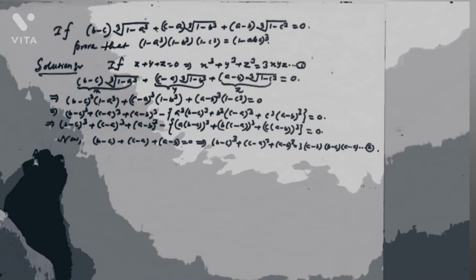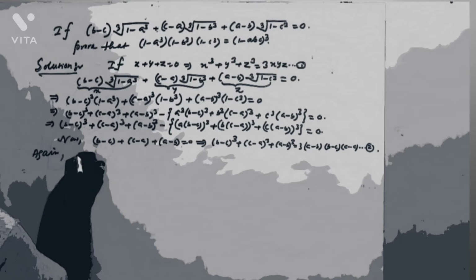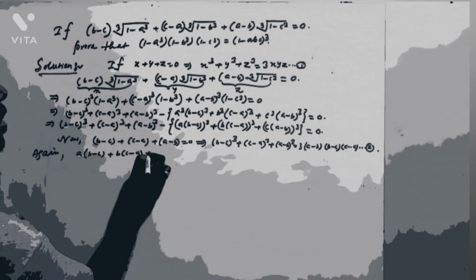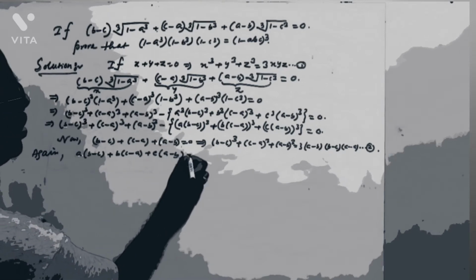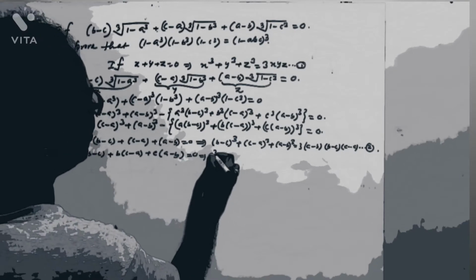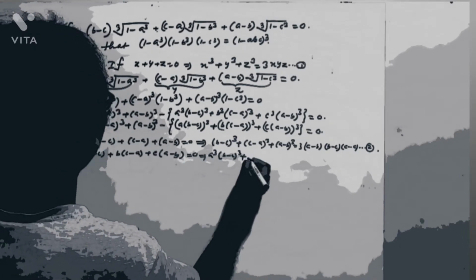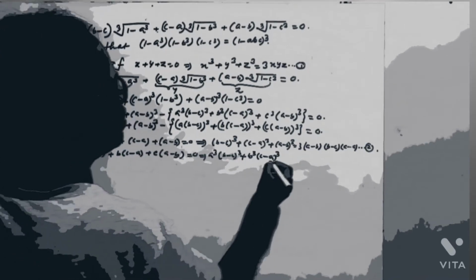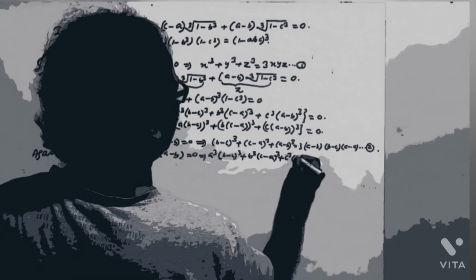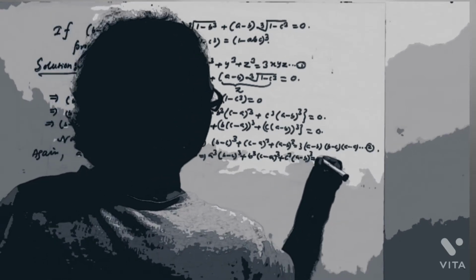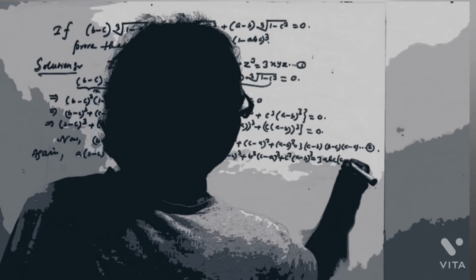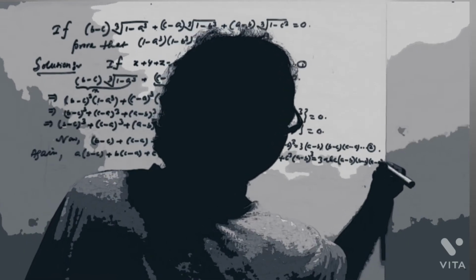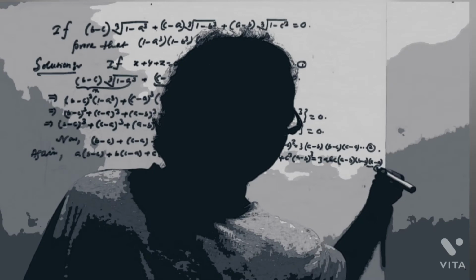Again, a into (b minus c), b into (c minus a) and c into (a minus b) equals 0. Implies that a cube (b minus c) whole cube, b cube (c minus a) whole cube and c cube (a minus b) whole cube equals 3abc (a minus b)(b minus c)(c minus a). This is the third equation.